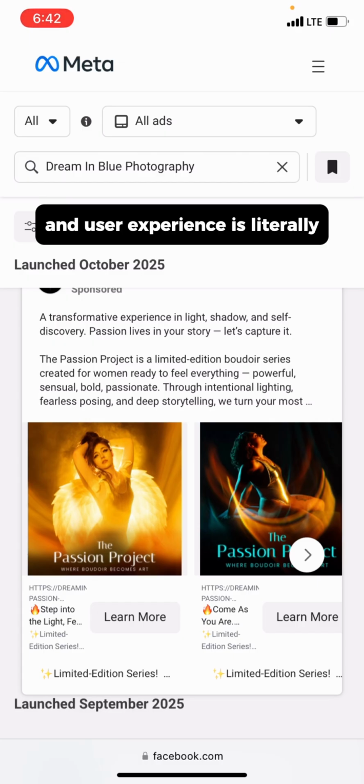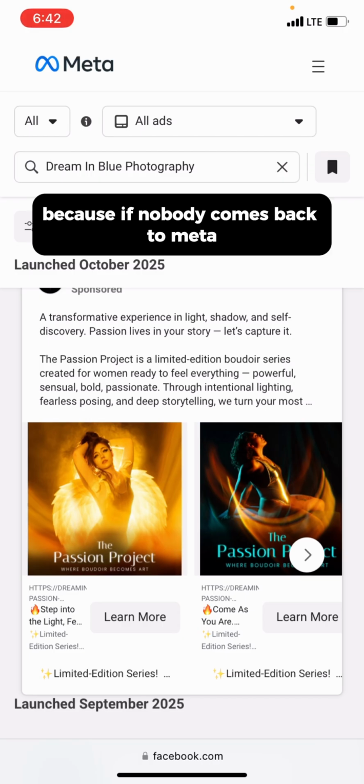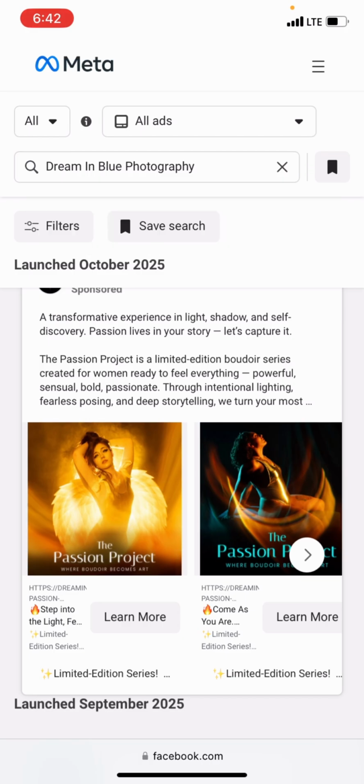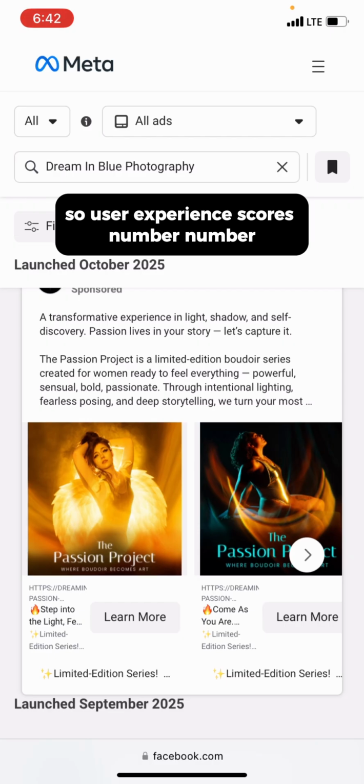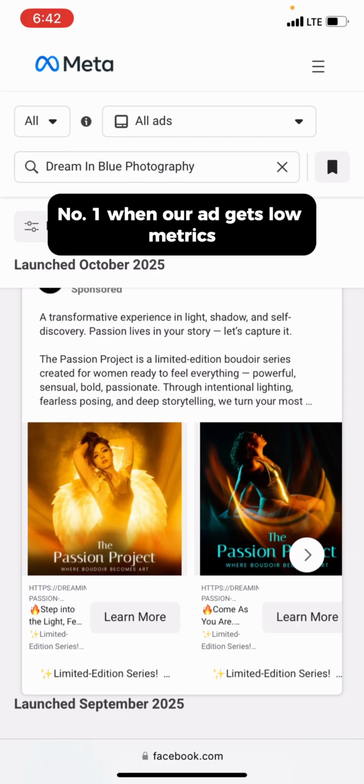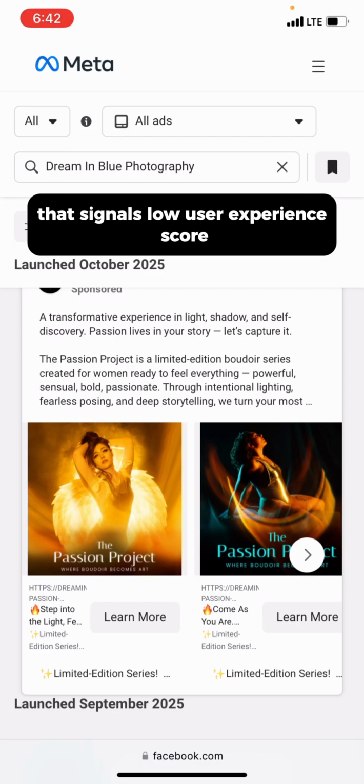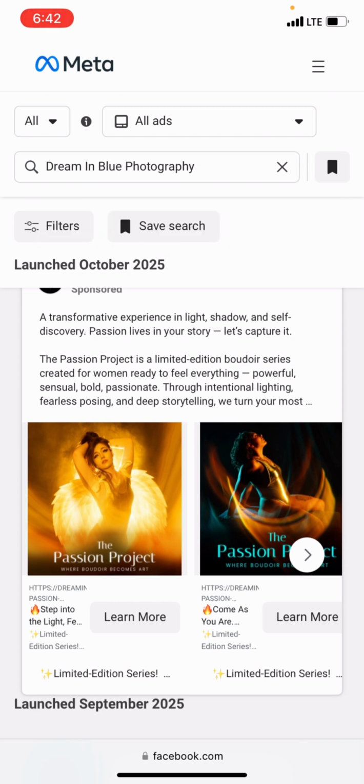And user experience is literally the most important metric on Meta, on Facebook, because if nobody comes back to Facebook, Meta can't sell any ads, and Meta goes out of business. So user experience scores number 1. When our ad gets low metrics, it signals a low user experience score.